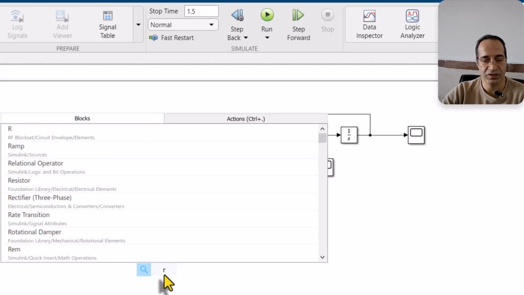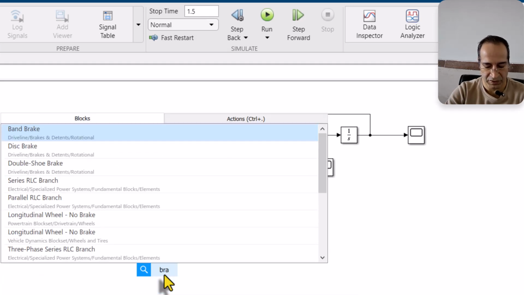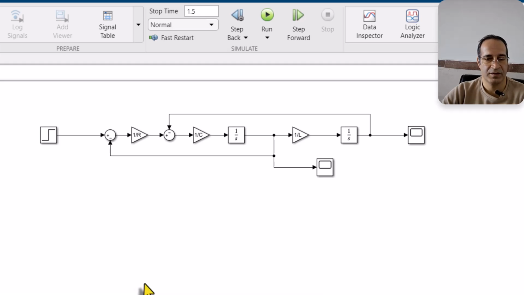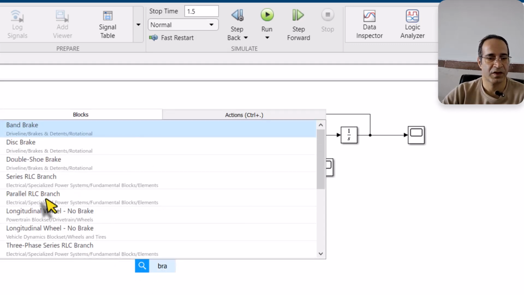If it works here, resistant branch, or branch, RLC, series RLC branch. It doesn't work, but branch again, branch.